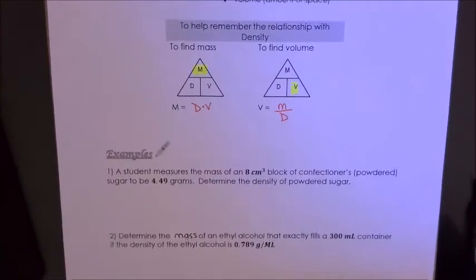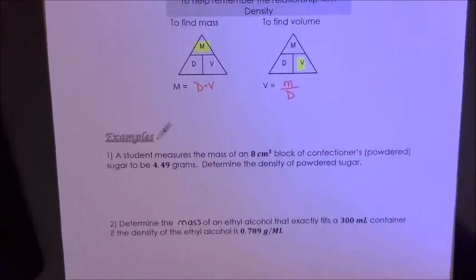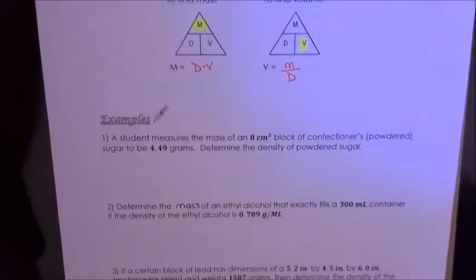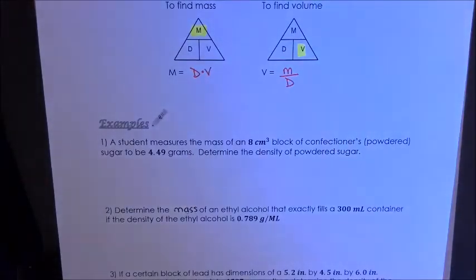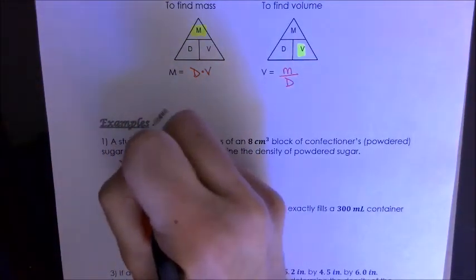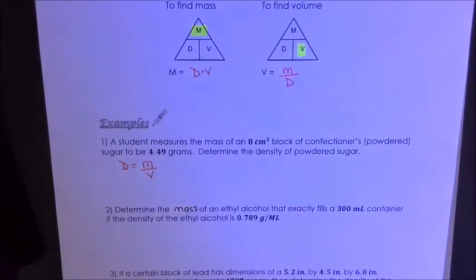Okay, let's do our examples. A student measures the mass of an 8 centimeters cube block of confectioner's powdered sugar to be 4.49 grams. Determine the density of powdered sugar. So I'm looking for density, so I'm going to go ahead and use the formula. Density equals mass over volume. You just have to be able to distinguish which one is your mass and which one is volume.